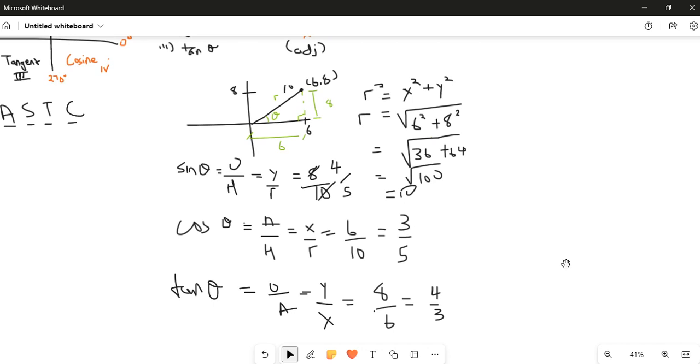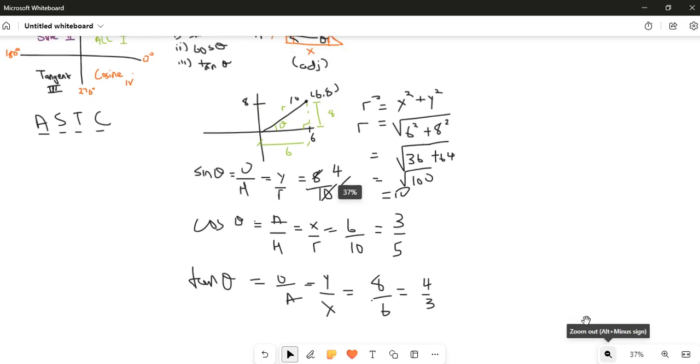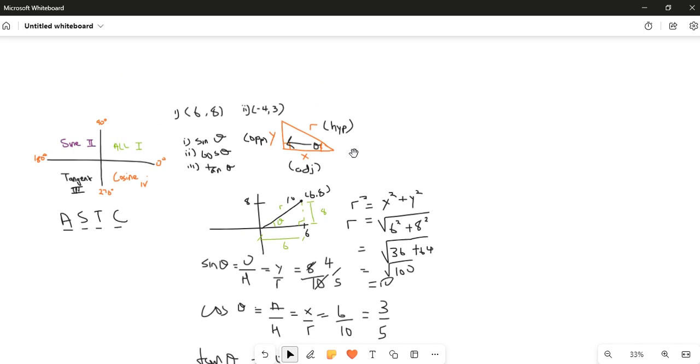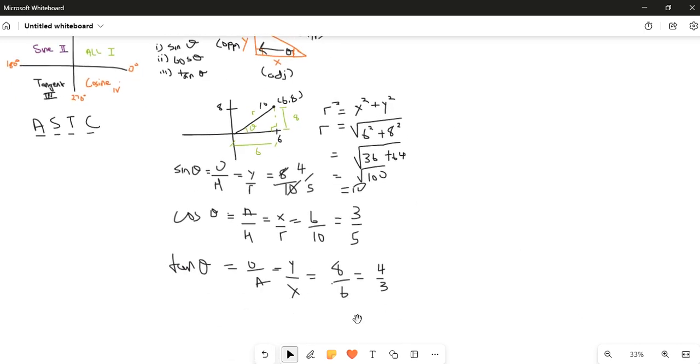So for our first coordinates, 6, 8, we have determined sine theta, cos theta, and tan theta. We can now go to our second coordinate, -4, 3. All right, so you're going to draw the Cartesian plane.